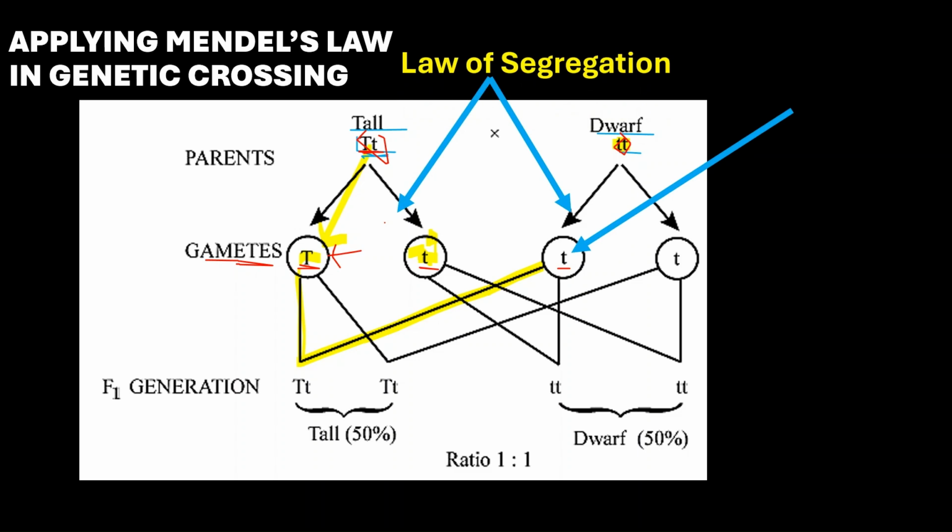So that is during gametogenesis, when these gametes are forming, the alleles, the different types of genes in the individual, will separate themselves or segregate, and then they will individually or independently enter into a sperm cell or an ovum.